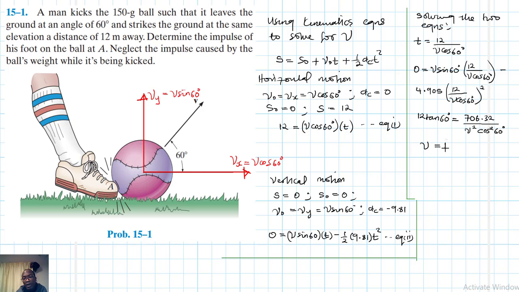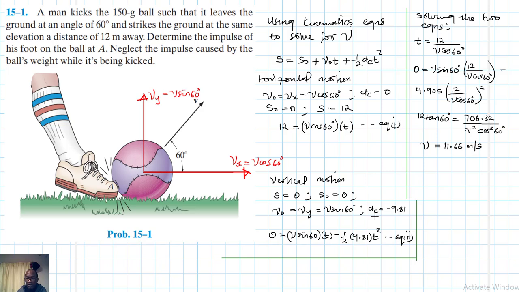So we find that this becomes 11.66 meters per second. Let me get back again. So we have 4.905 by 12 squared, 706.32.